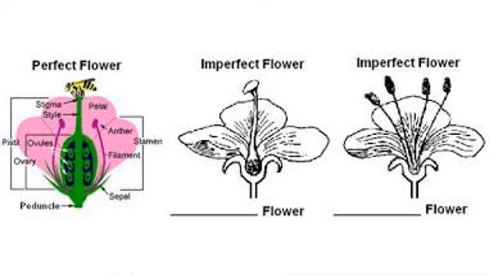As you can see in this figure, this is a perfect flower showing a stamen, actually two stamens, with a pistil in the middle. Okay? Look at these two imperfect flowers. This one shows a pistil with a stigma, style, and ovary.